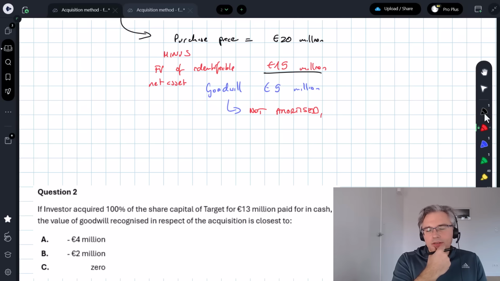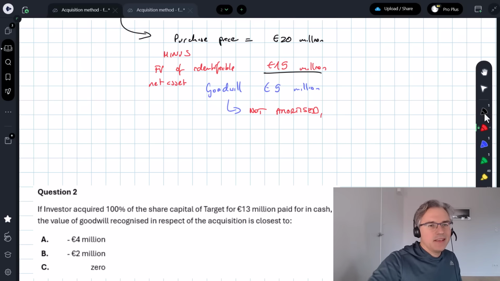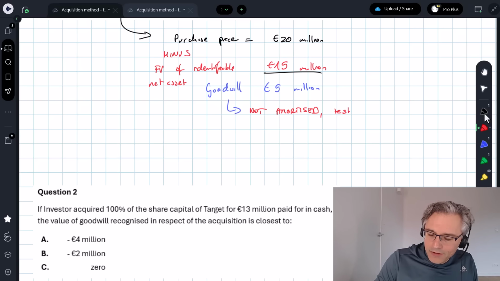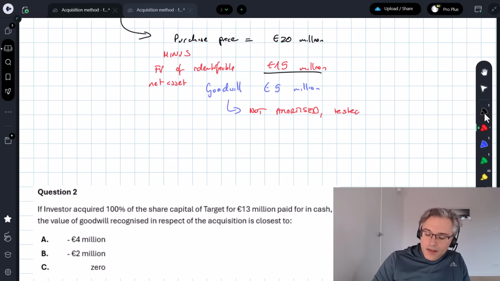But because it's got a useful life that is not defined, it's an indefinite useful life, it becomes mandatory to test goodwill for impairment at least annually. So it's tested for impairment at least once a year.